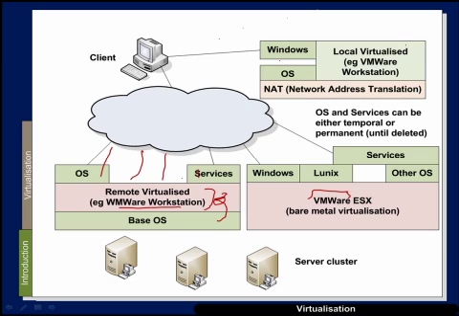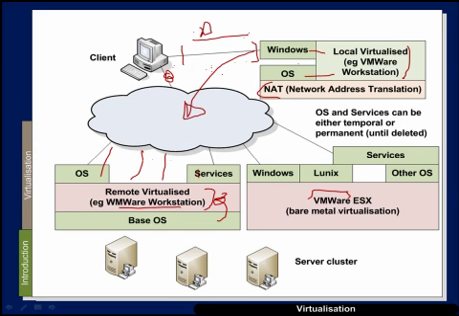So on the local machine we can have a localized environment where we can run Windows and other operating systems, and then we use network address translation to be able to map this virtual environment so that it can be accessed, or it can access the outside world. So this is typically a private address space here, which will link to an outside network connection so that we can get connected to the outside world.